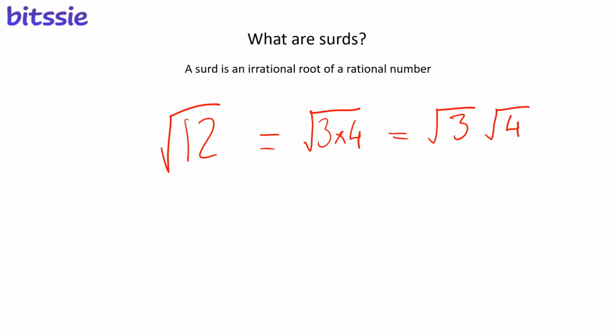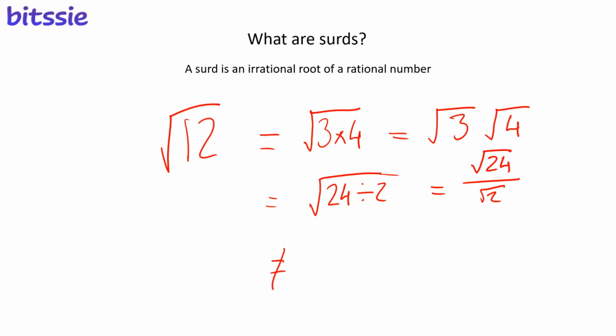So writing this is equivalent to writing this. We could also write the square root of 12 as the square root of 24 divided by 2, or root 24 over root 2. However, we cannot write it as the square root of 10 plus the square root of 2. These are completely different things.